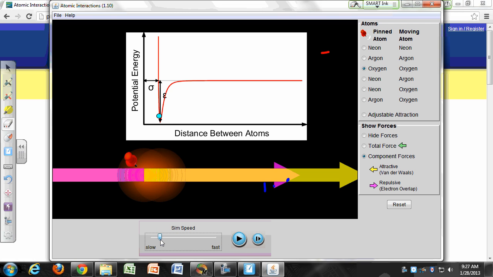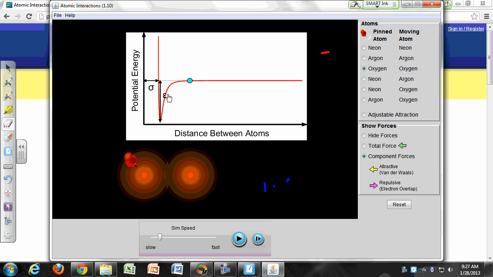Slow it down a little bit. See that yellow arrow represents attractive forces, and then the purple arrow represents repulsive forces.